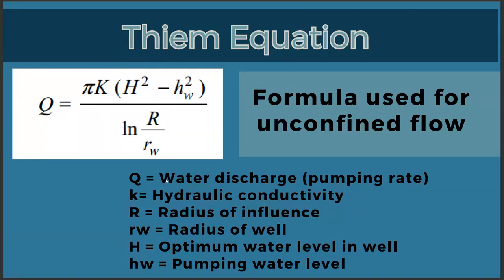So, when the problem says unconfined, automatically it is just this. Then you just need the values of K, capital H, HW, R, and RW.